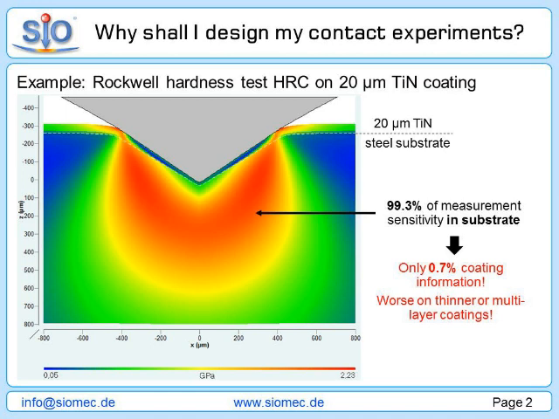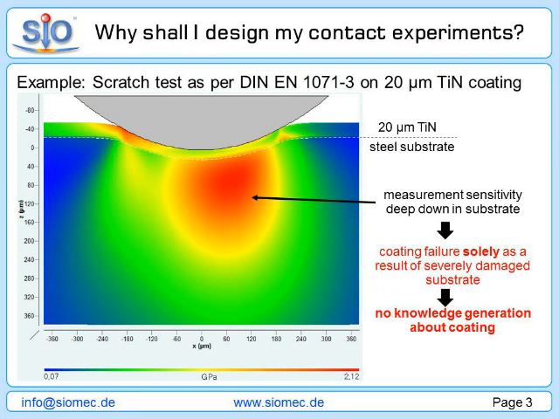Another example I would like to show you is a scratch test which has been performed according to the standard 1071 on exactly the same coating. You may again see easily that the main stress field is located deep down in the substrate, as is the maximum of the stress field, which leads to severe damage of the substrate.